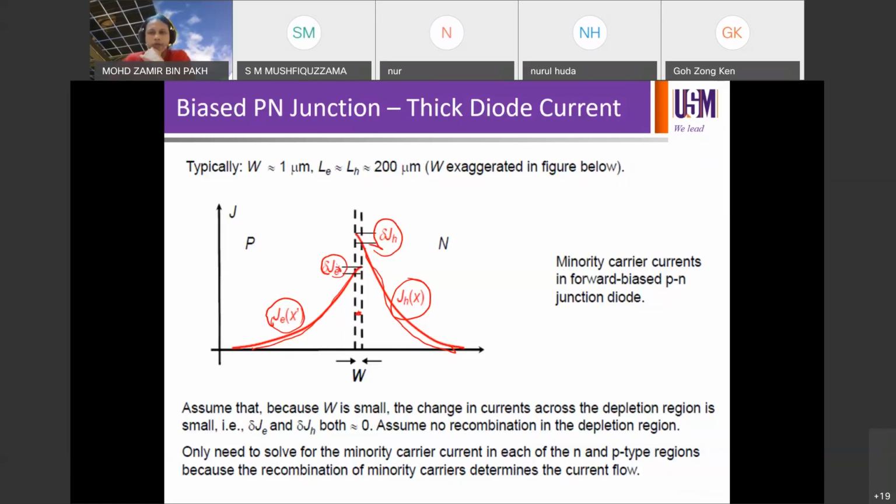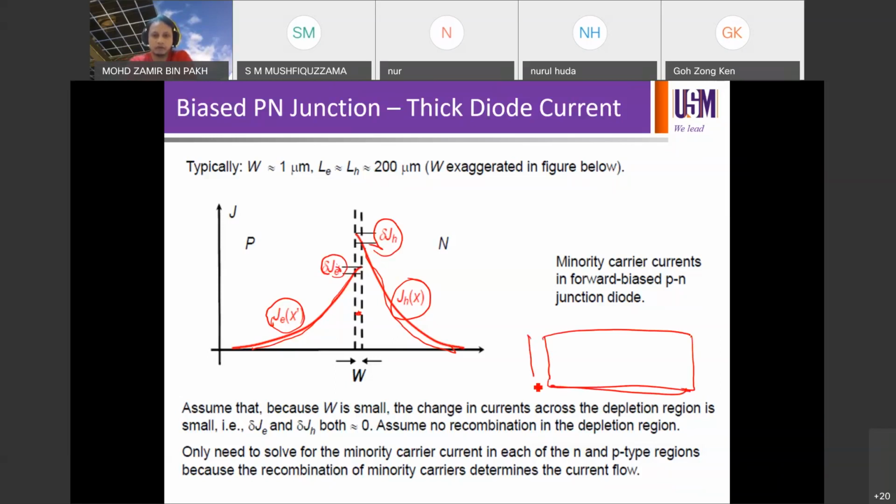And we assume that the depletion region is small by its nature. So typically it's about 1 micron or so, or even narrower than 1 micron, out of the whole thickness of the wafer that we normally use. We discussed this one yesterday as well.